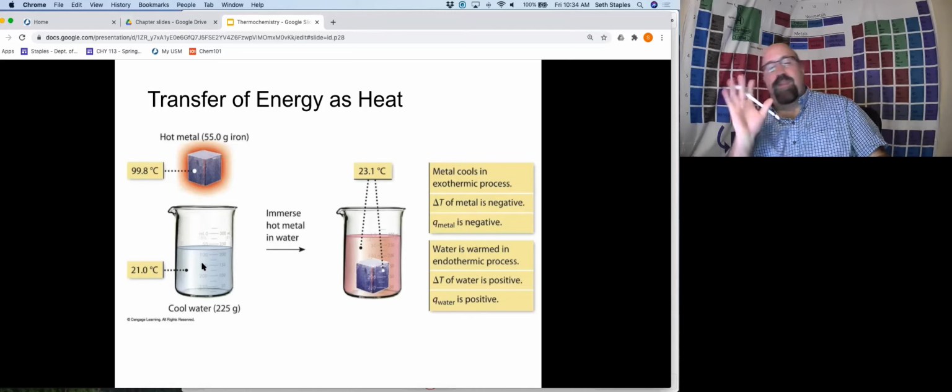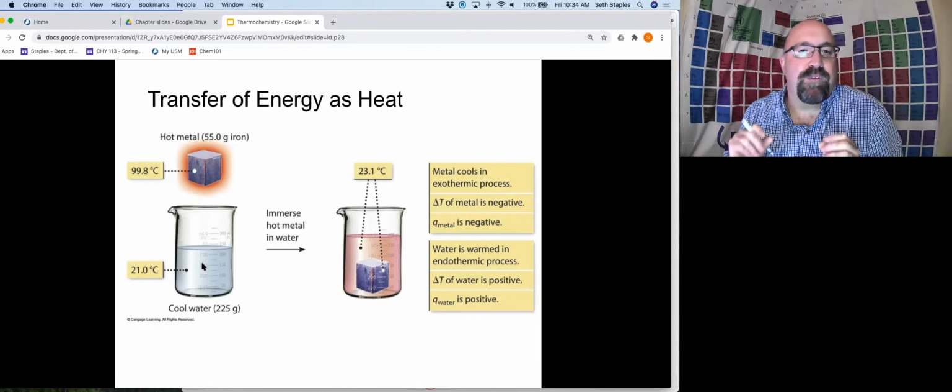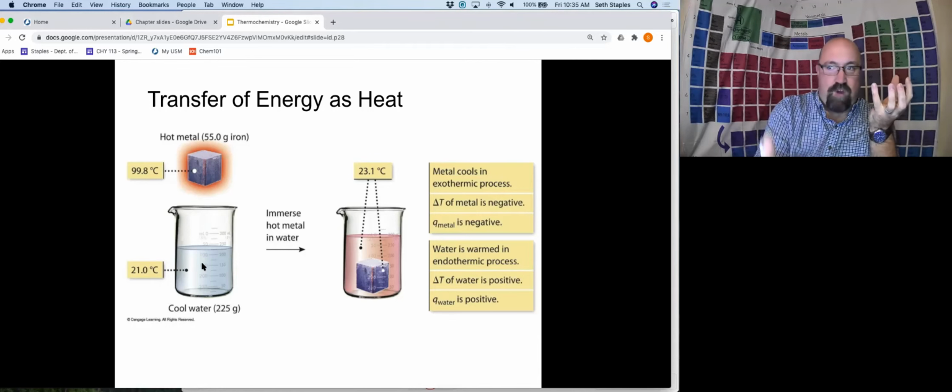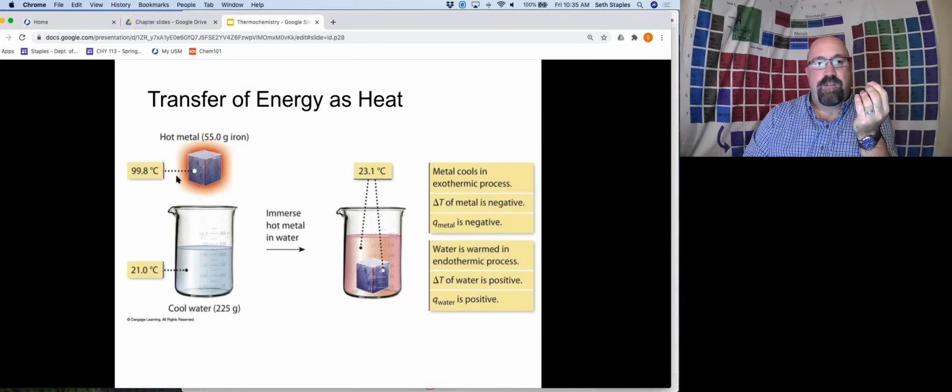Now, without even thinking about the numbers for a second, let's just think about what's going to happen with our heat. Think about what's going to happen with our energy. We're taking this hot chunk of metal and dropping it down into water. Let's think about this from the perspective of the metal for just a second. This metal at 99.8 being dropped down into water at 21, what's going to happen with the energy of this metal?